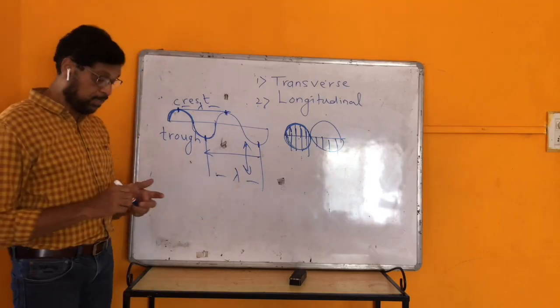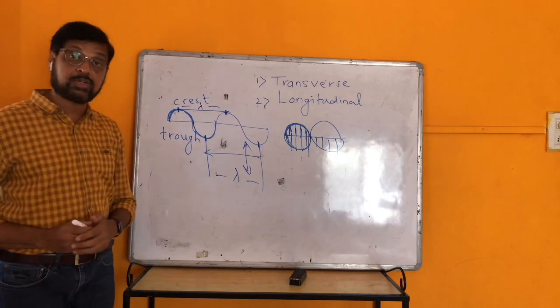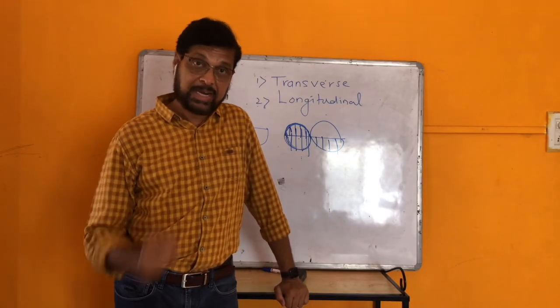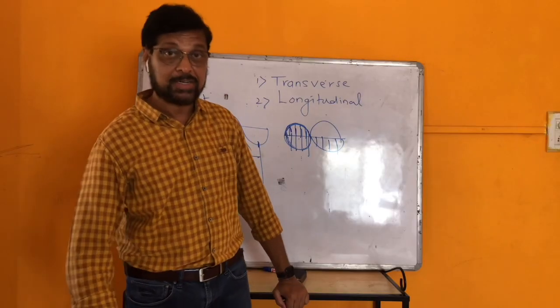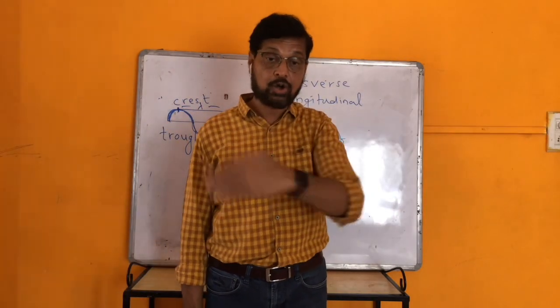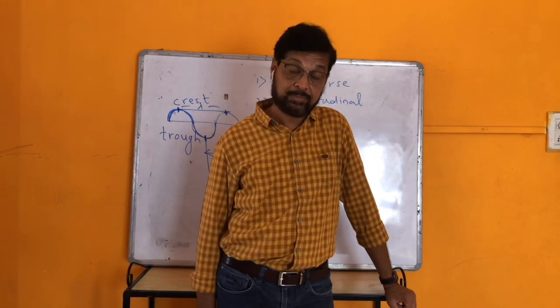The distance between two successive crests or two successive troughs is called wavelength lambda. That is the fifth characteristic of a transverse wave.